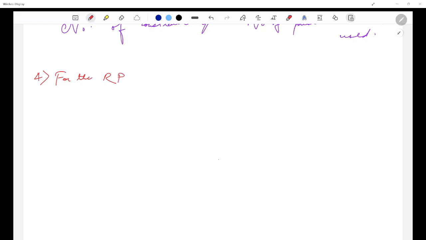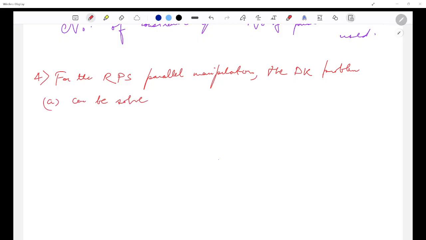For the RPS parallel manipulator that was discussed in the lecture, the direct kinematics problem can be solved in closed form.